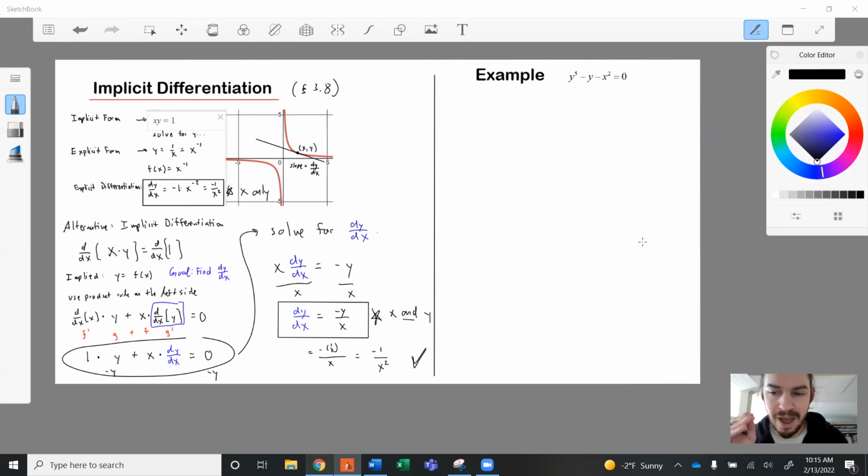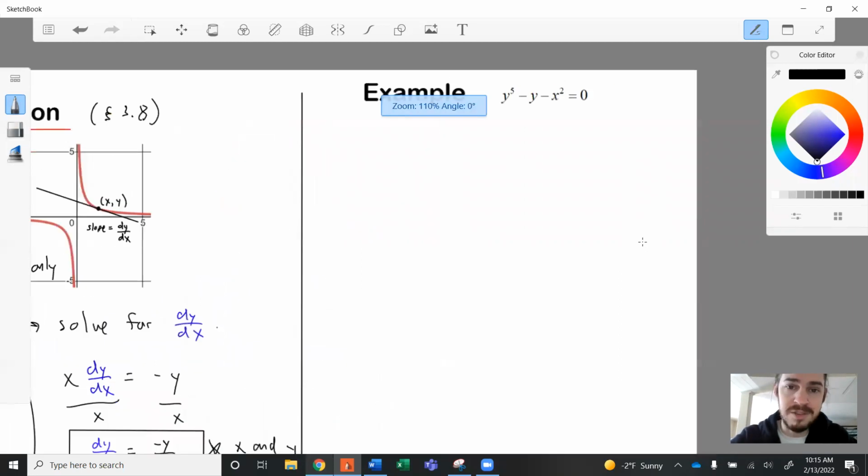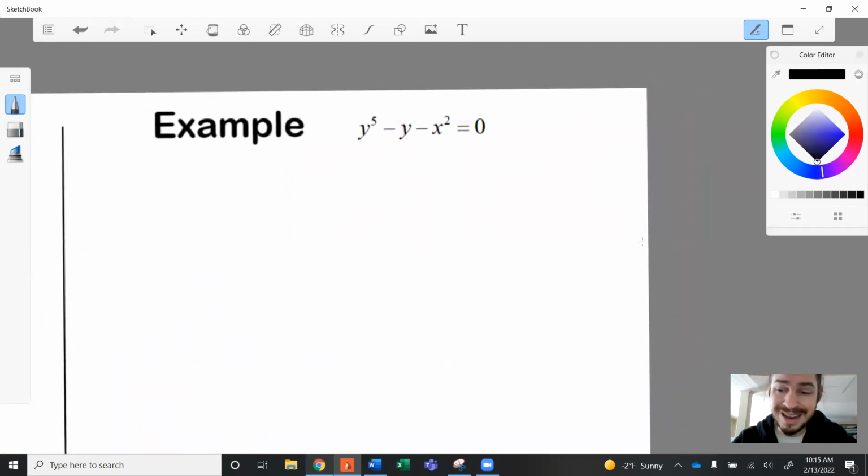But for degree 5 or higher, there's a theorem called the Abel-Ruffini theorem, otherwise known as Abel's impossibility theorem. It says that it's impossible to come up with a formula that'll give you the solution for any 5th degree polynomial. Here's an example of a 5th degree polynomial in the variable y. It's impossible to solve this equation for y, at least not using algebra, right?